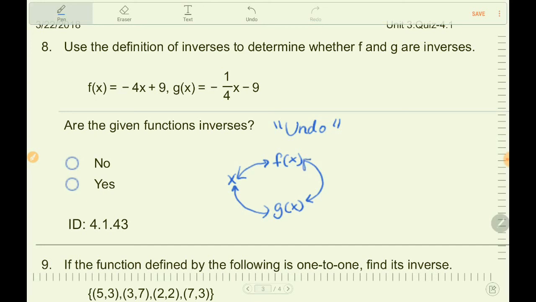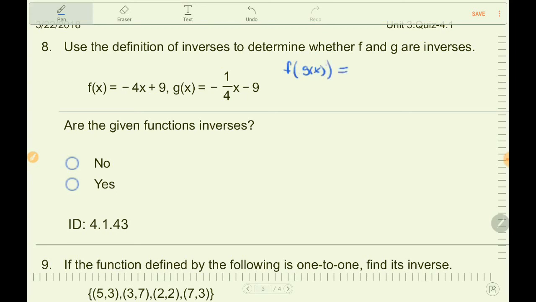So to figure out for all values of x, right? So f of g of x equals x, and g of f of x equals x for all x values.